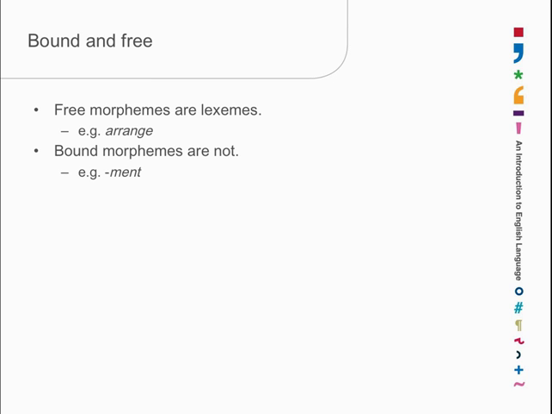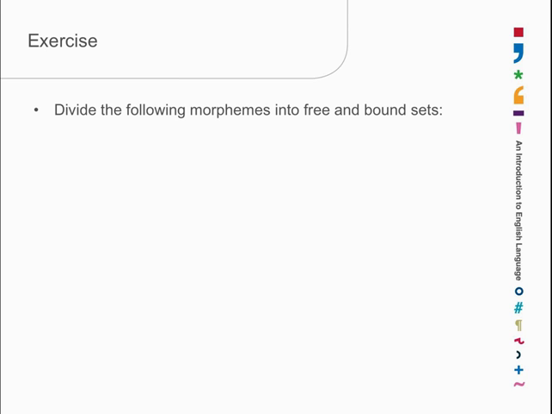That's not possible. So let's see how good we are at this. -ation is bound. It doesn't make a word on its own. Nation, however, is a word on its own. It's a lexeme. Pre- is not a lexeme. And of course, if we ask where's the little hook, well, the little hook is at the right-hand end.